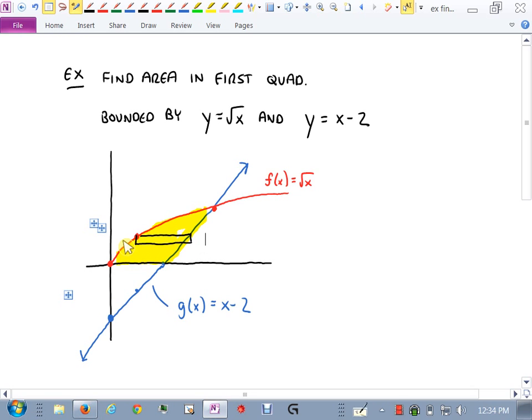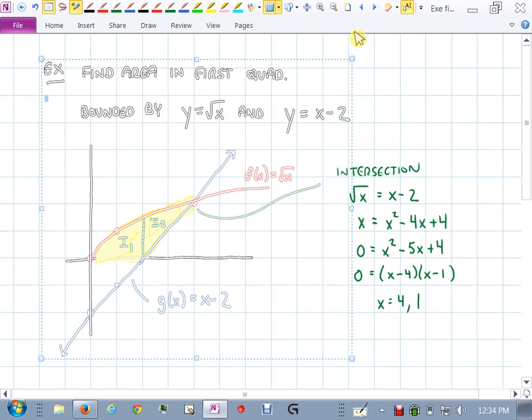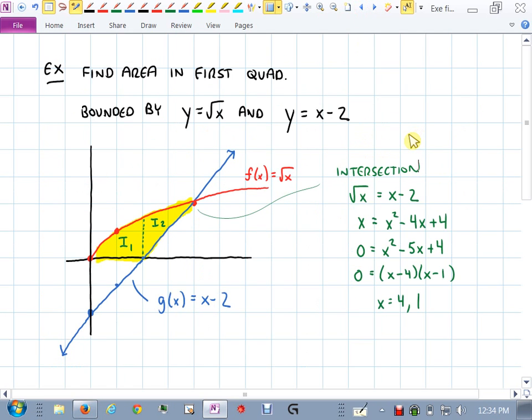And that's going to work the entire way. As I move that rectangle through the yellow area, it will always be that. It never changes. The other one, as we moved our rectangle through, if I drew a rectangle in here, what's on top is the red, what's on the bottom is the black, the axis. But when I get over here, what's on top is the red and on the bottom is the blue. So it changed midway.